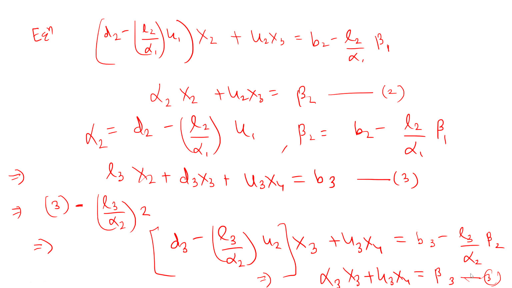So I will write down that my equation number 1 became alpha 1 x1 plus u1 x2 is equal to beta 1, where alpha 1 is equal to d1, beta 1 is equal to b1. This is my equation number 1.